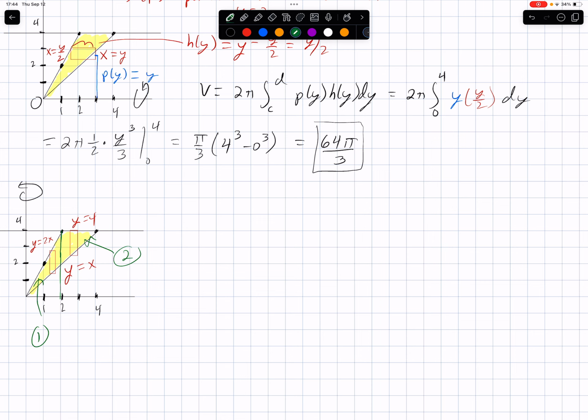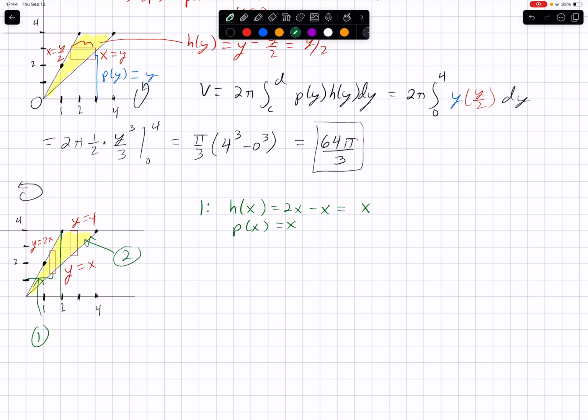If we look at the first region, we're going to be doing functions of x. The upper function is 2x, and the lower function is x. So the height function is just x. And then p of x, that's just the distance from the axis of revolution, so that's just going to be x.